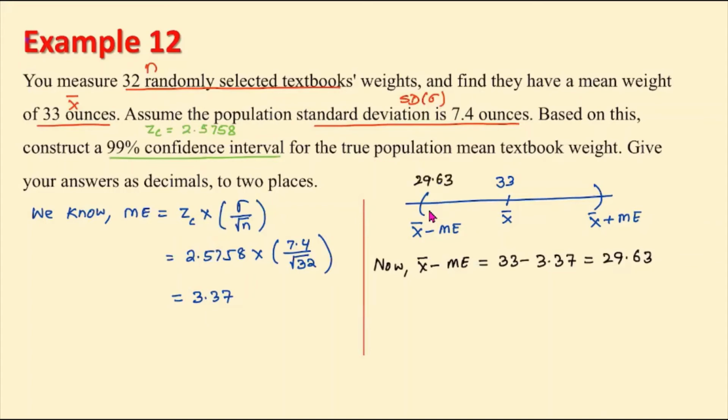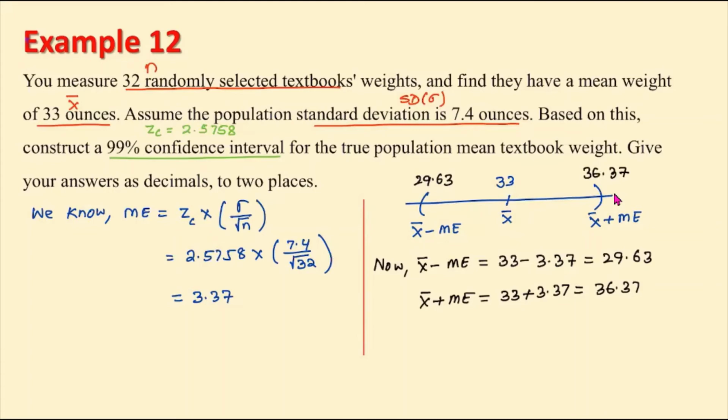Now, in order to find the upper boundary, we have to find x bar plus the margin of error, which is 33 plus 3.37, which is equal to 36.37.